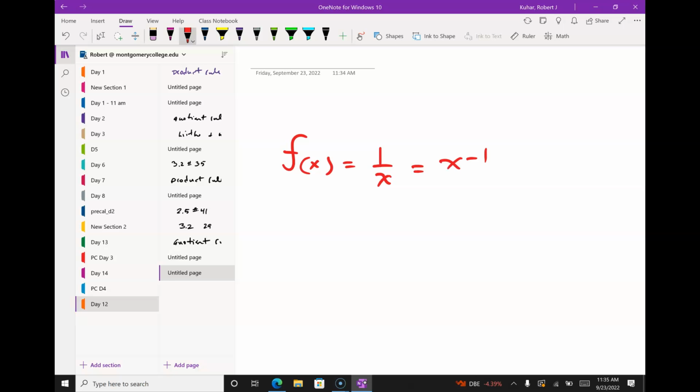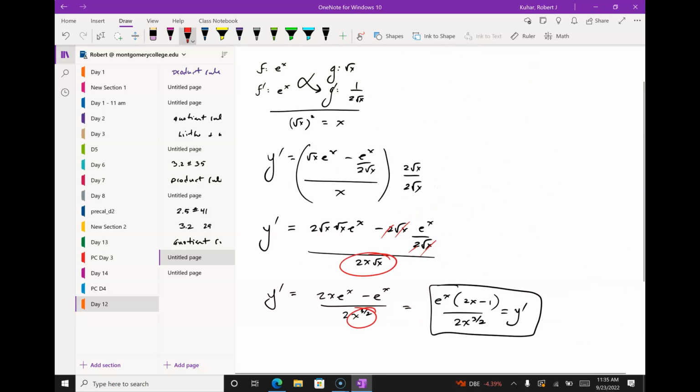Yeah, that's the same thing as 2 times x to the 3/2. For me, yes. But when you go to the book, you're going to see x to the 3/2, so you better know what they did, right?